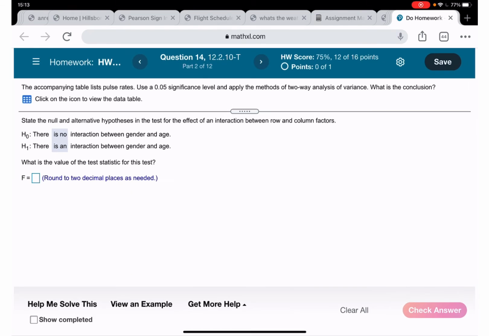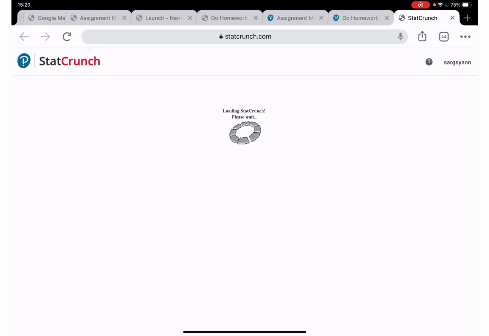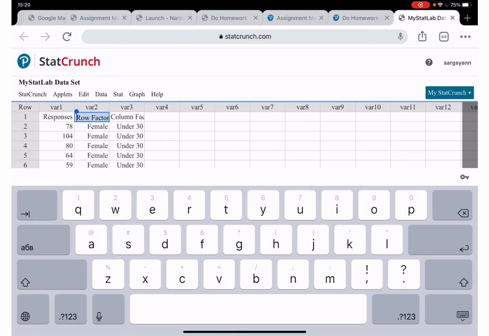Next one: what is the value of test statistics? Let's open StatCrunch. Okay, what do we have here? Look here: response, row factor, column factor. This is all among the data. So we move to where the variable is, and I put here response. Otherwise it's not going to work.